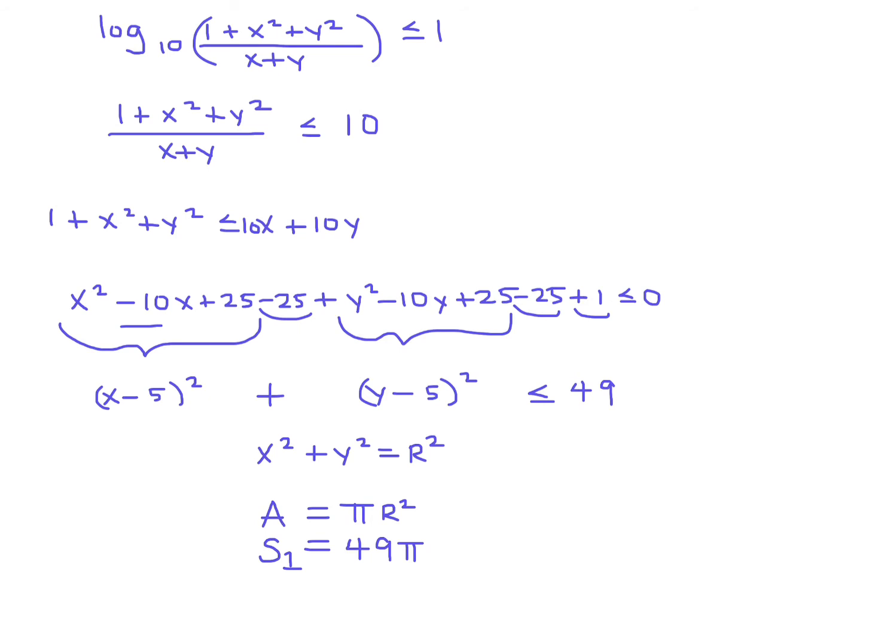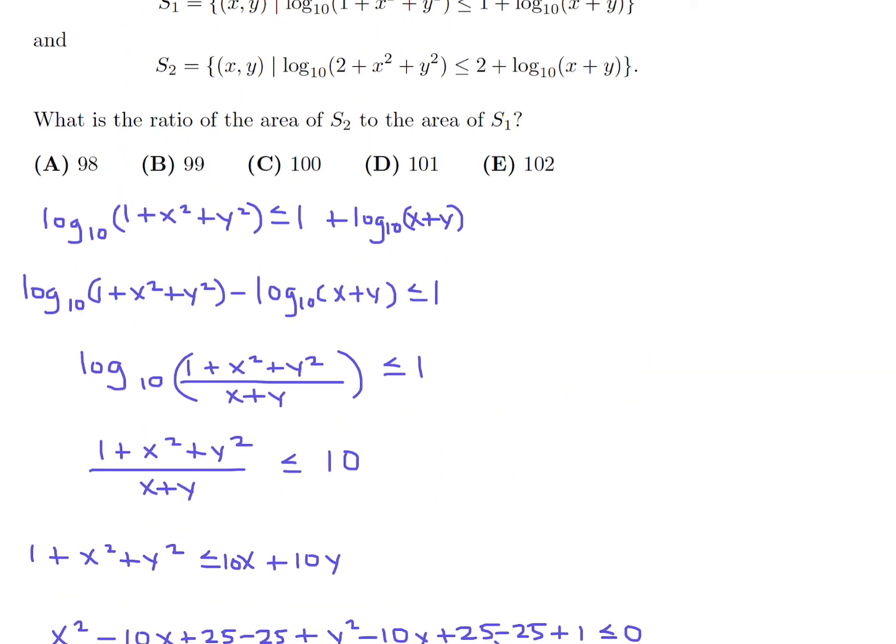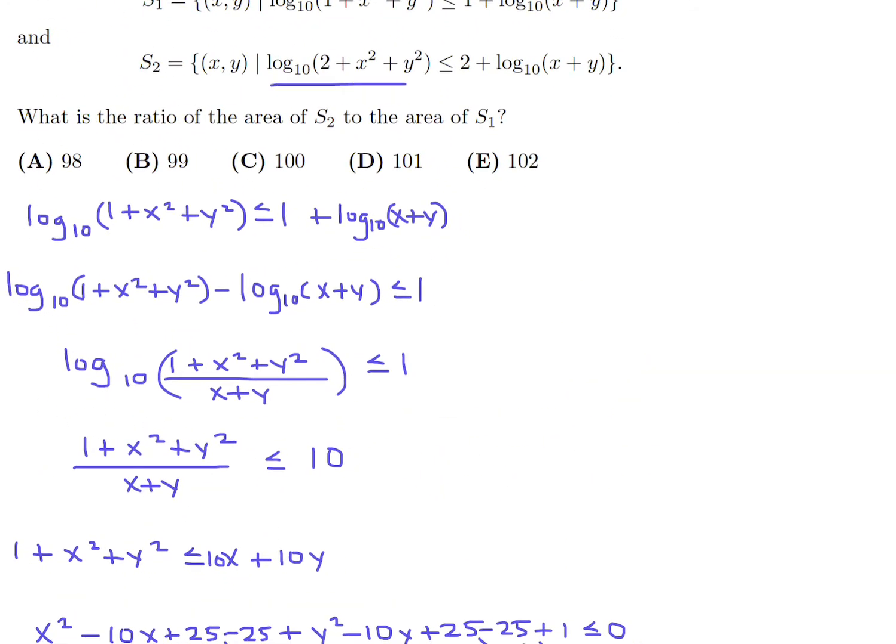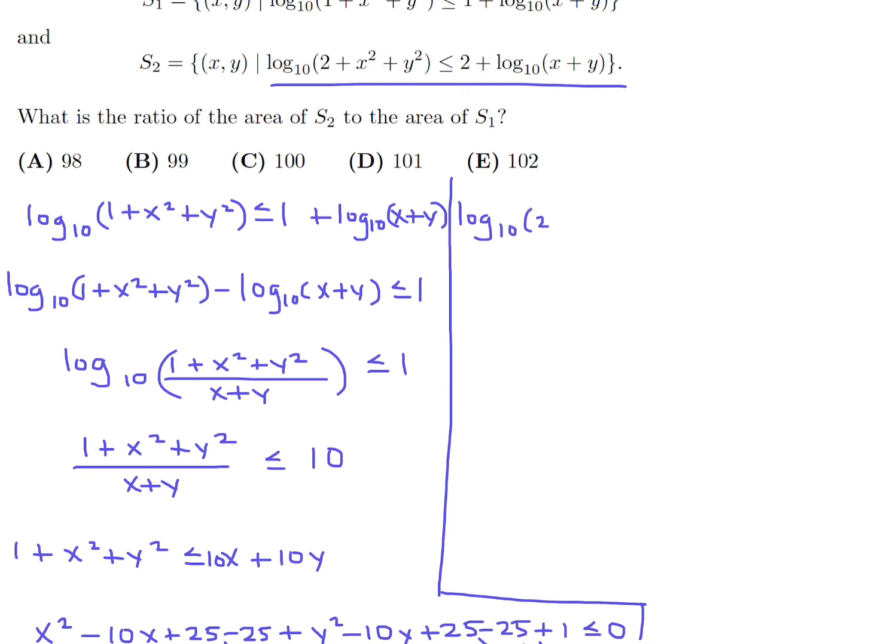In an almost identical way, we will proceed with S2. So here we go. The log base 10 of 2 plus x squared plus y squared is less than or equal to 2 plus the log of x plus y to the base 10.